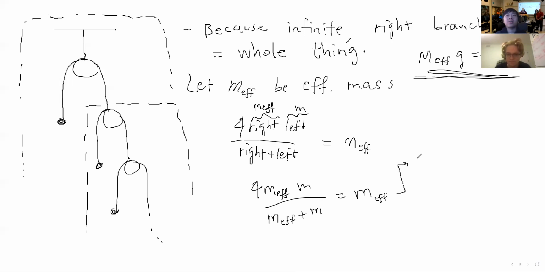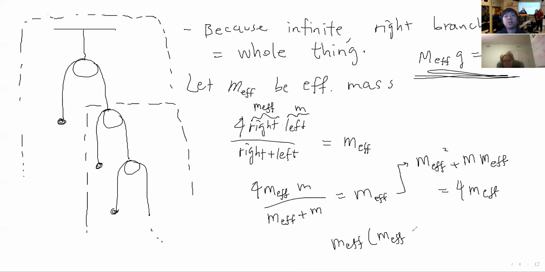Okay. So what do you get? Like mass effective squared plus m times mass effective is equal to 4 times the mass effective, right? So m effective minus 3 is equal to 0, right?